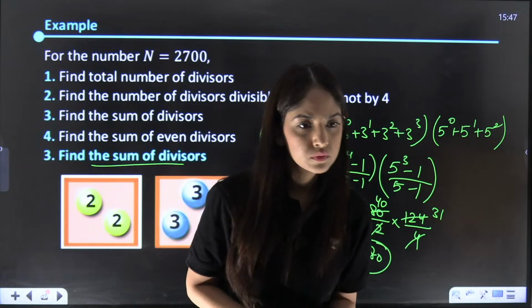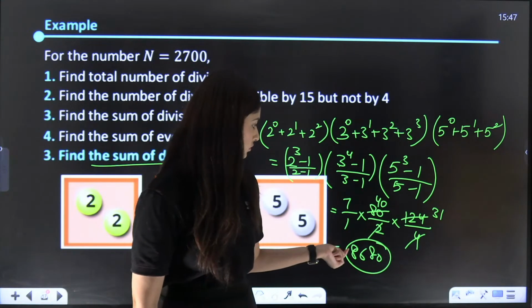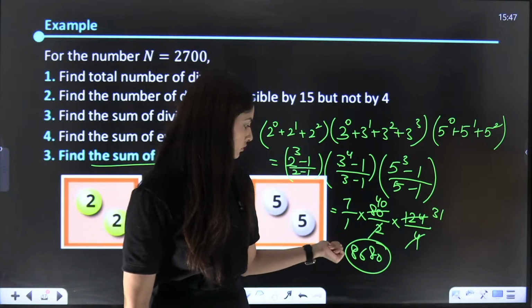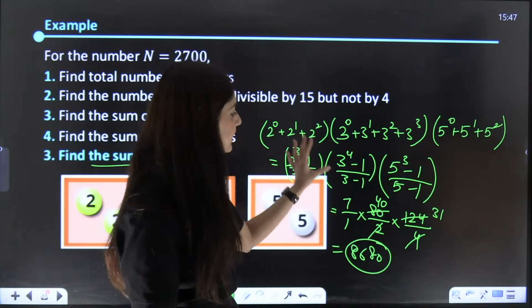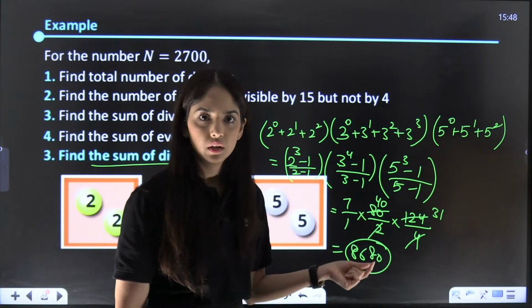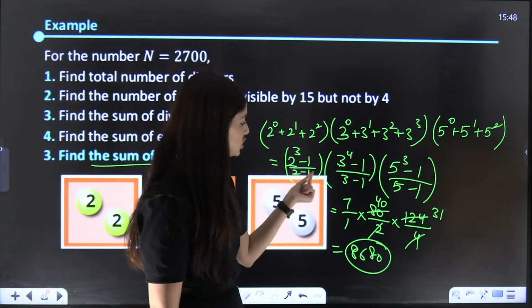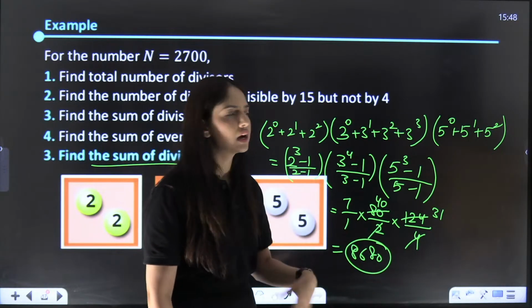Right? 8680, that is correct. So this is how we will calculate the sum using sum of a GP. Okay, because if we count this individually, it will be a lot more work, but using GP it becomes easier, but it's up to you.